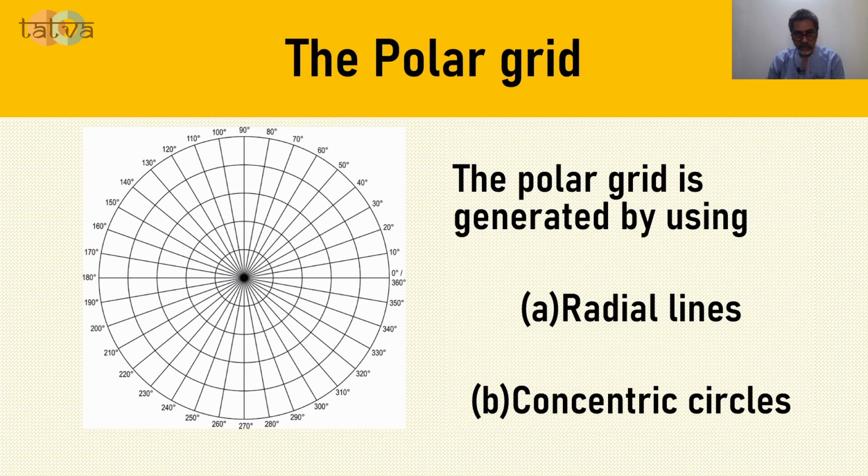So you can see here that we have used radial lines. Every 10 degrees, you can see one ray is coming out of the origin. And then we have also used circular arcs, in fact, concentric circles, to create what is known as a polar mesh. So the way we divide the region matters.